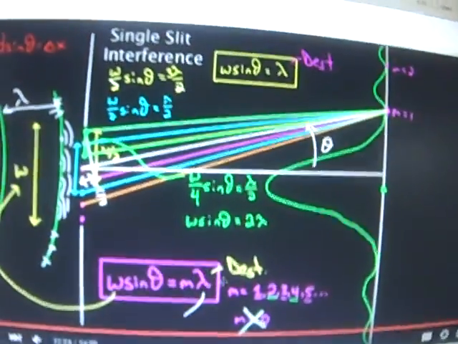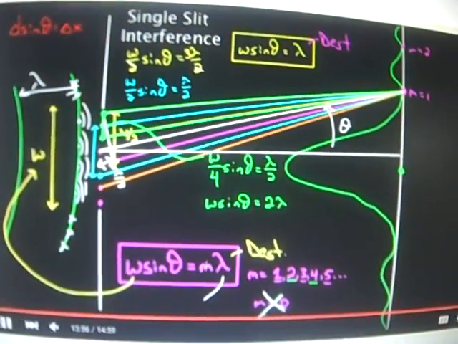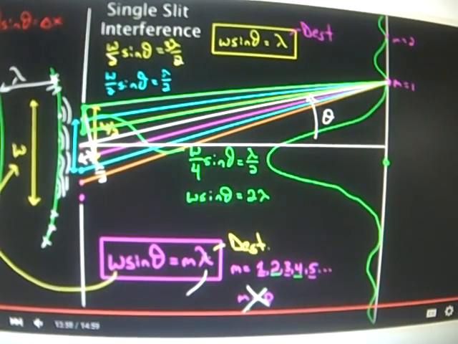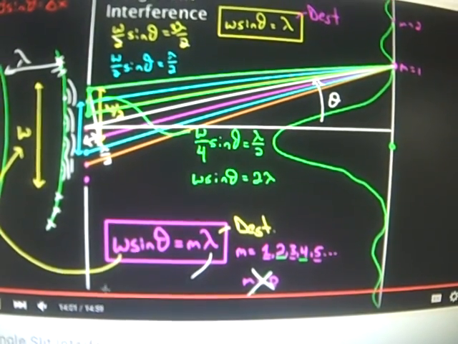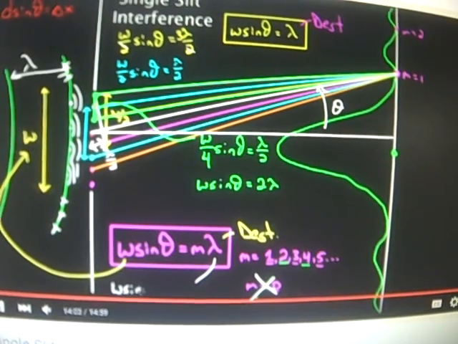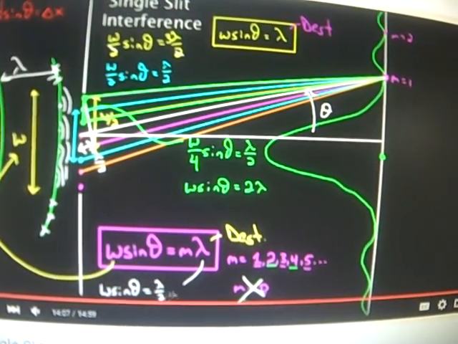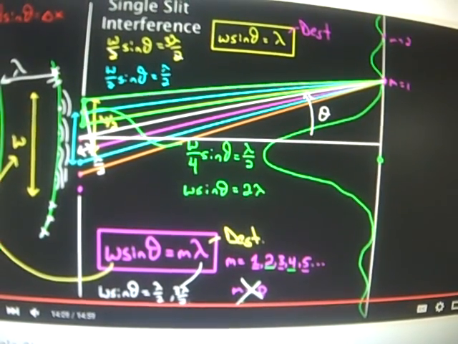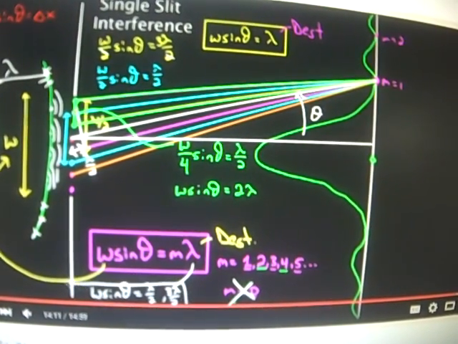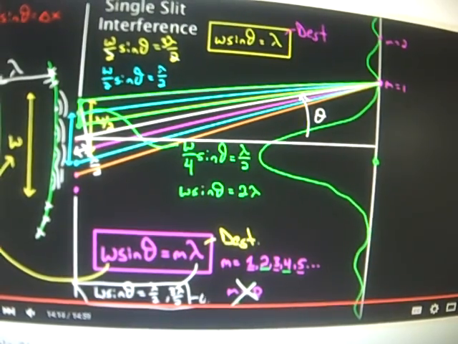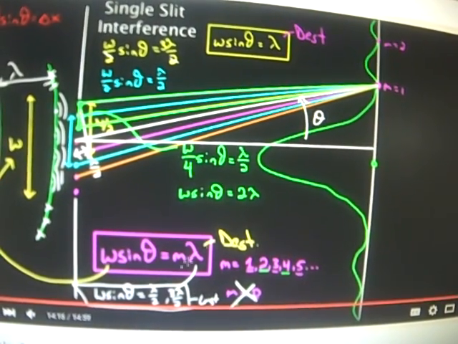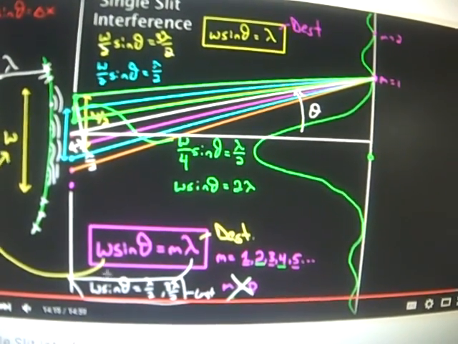Destructive points. You might wonder, hey, I'm clever. If the integers are giving us destructive points, then the half integers should give us the constructive points. If W sine theta equals lambda over 2 or 3 lambda over 2, is this going to give us constructive points? Not really. There are some complications here.